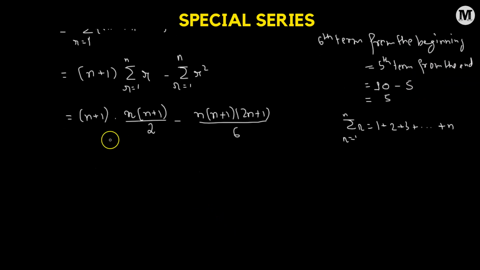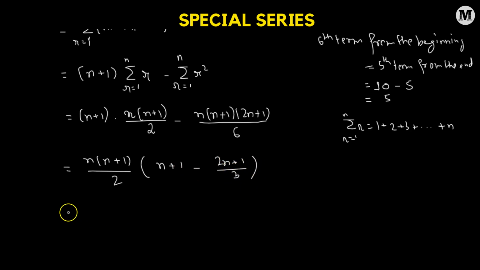Now we have two terms, and we're going to take n times n plus 1 over 2 as the common factor. So this gets multiplied to n plus 1 minus 2n plus 1 divided by 3. So we have n multiplied to n plus 1 over 2 multiplied to 3n plus 3 minus 2n minus 1 whole divided by 3.